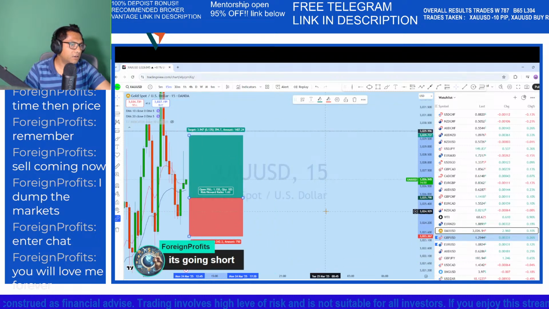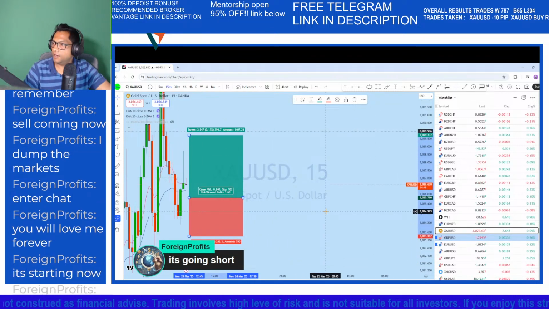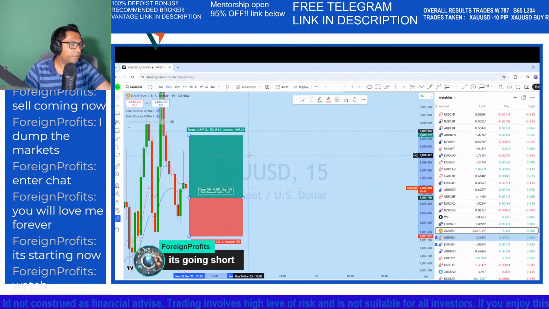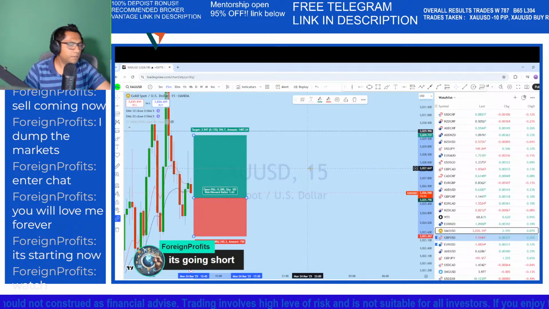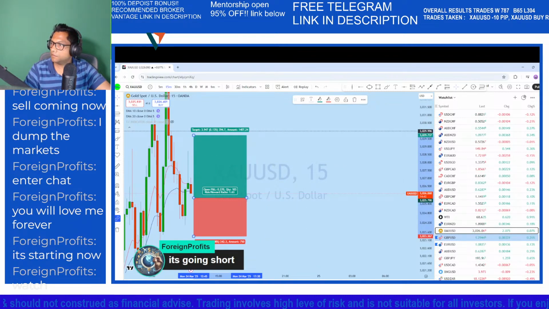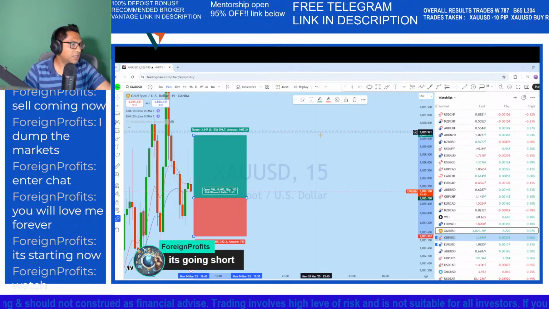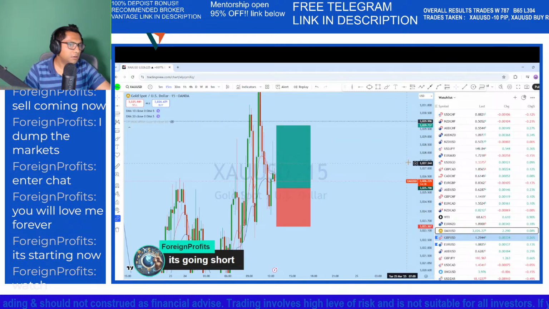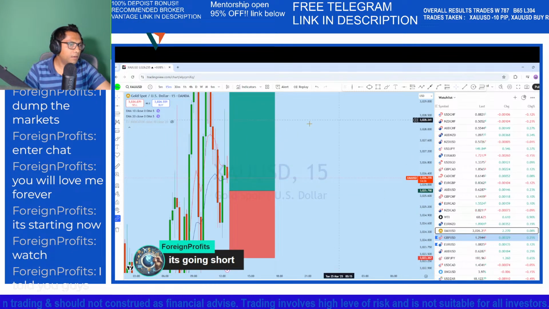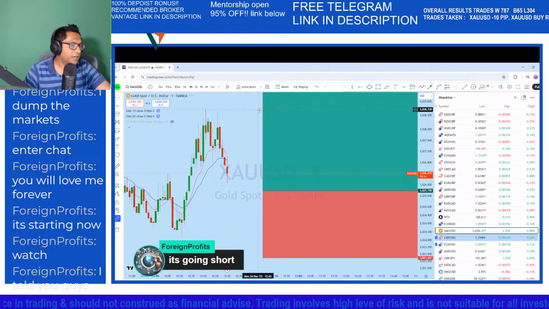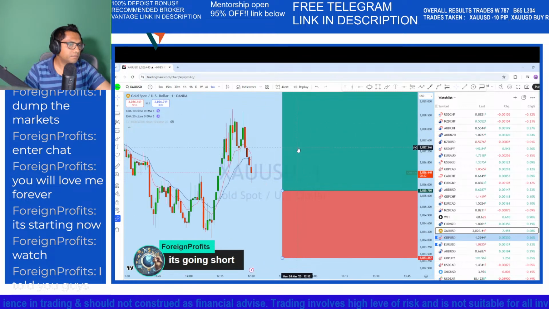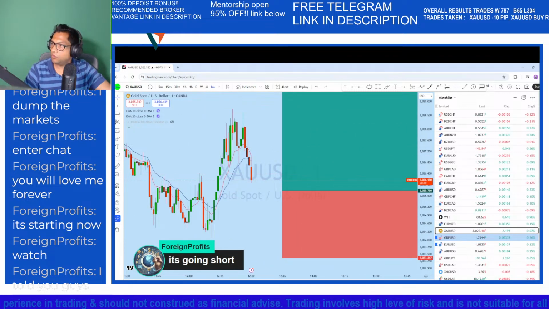Okay, so there is a candle close here, and the price has almost come back to that support. We would like to see that we need to close in profit.